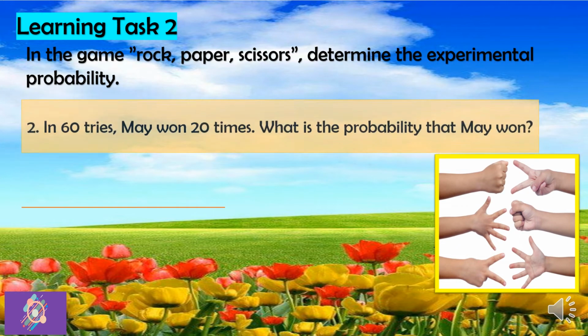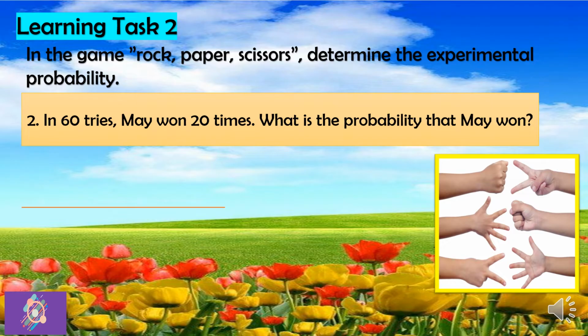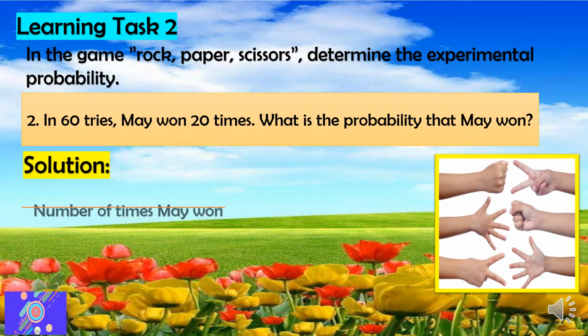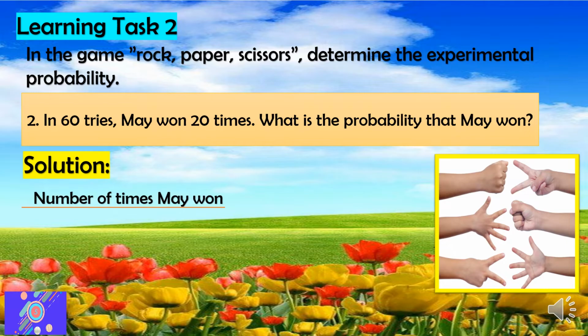Okay, so for number 2 question, in 60 tries, May won 20 times. What is the probability that May won? So for the solution, number of times May won over total number of tries equals 20 over 60.